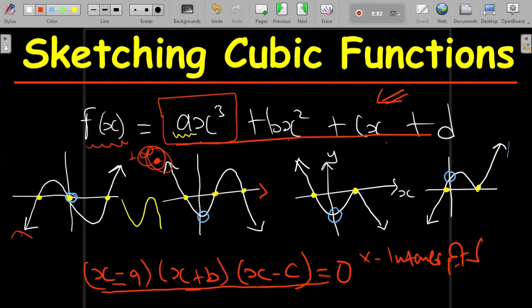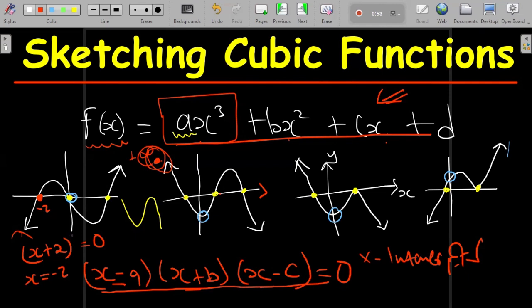For example, if this was minus 2 there, and the curve crosses the x-axis at minus 2, it means that I had x plus 2 as my factor equal to 0. When I solved, I found x is equal to minus 2. So you look at the power that this factor has.